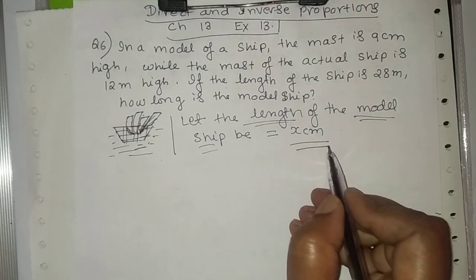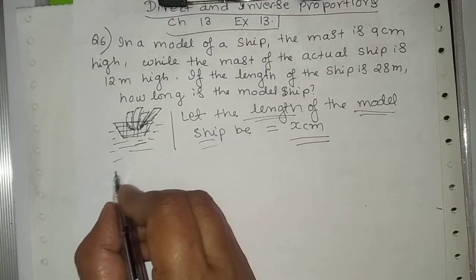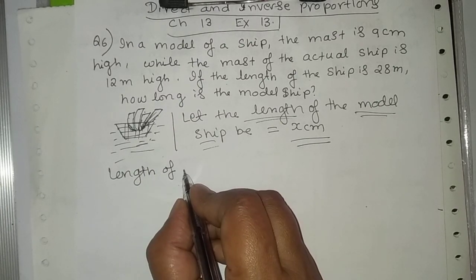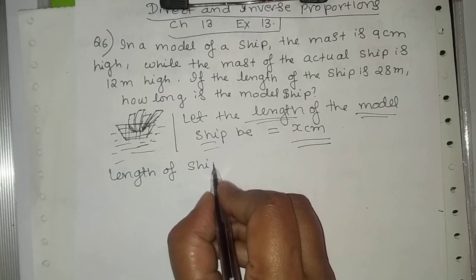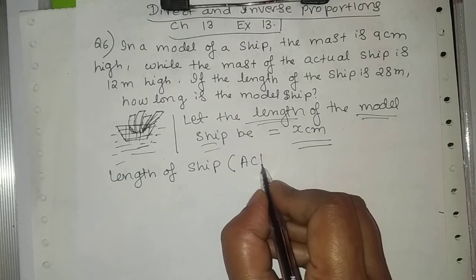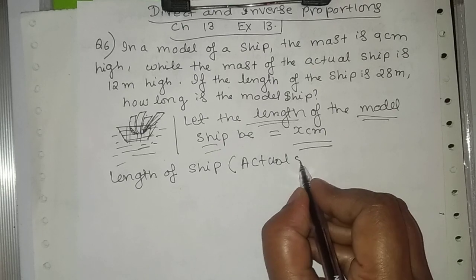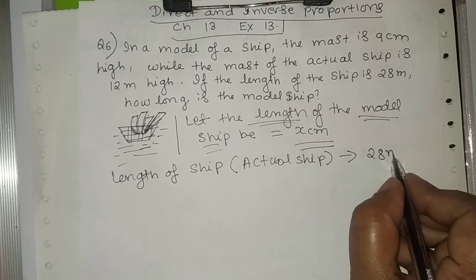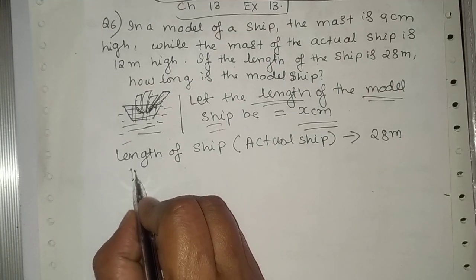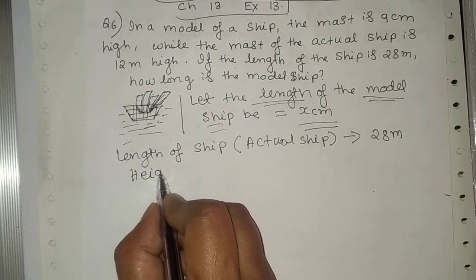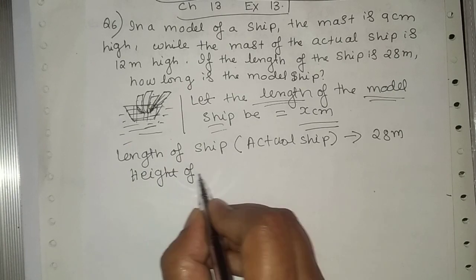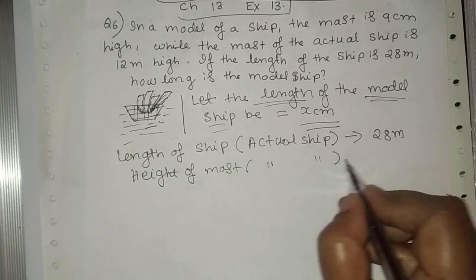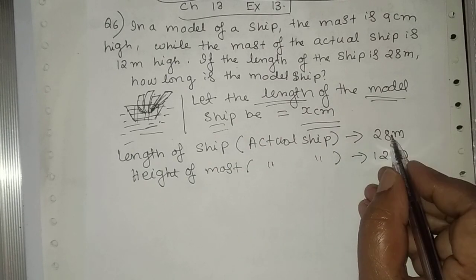Next is the length of the ship, in brackets actual ship. They have given 28 meters. Height of the mast, this is also of the actual ship, they have given 12 meters.